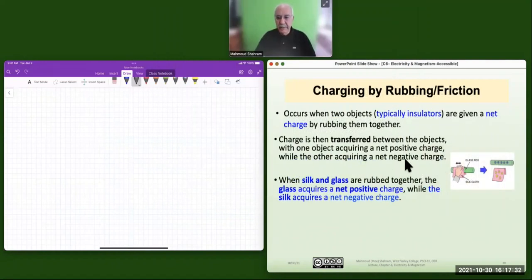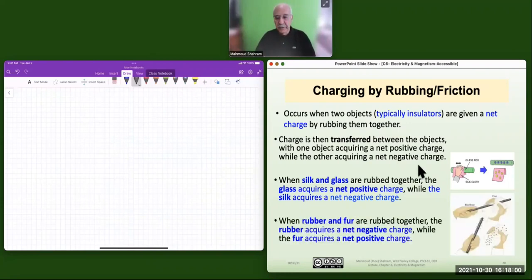Take other examples, such as a piece of glass and a piece of silk. You just rub the silk on the glass, you can actually take the negative electrons on the surface of the glass into the silk. Your glass becomes positively charged. If you take different materials, say rubber and a wool, and you rub them against each other, negative charges from the fur transfer to the piece of rubber here, and you have the rubber negatively charged.